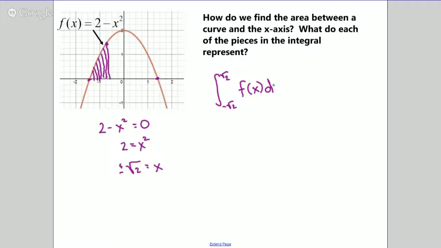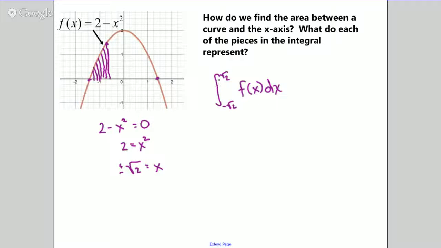It's a teeny tiny, infinitesimally thin dx, right? So this is how I would find the area under the curve, where f of x equals 2 minus x squared, and we can do that either by hand or using a graphing calculator. Today I'm going to be more interested in the setup than the actual computations, so I'm going to leave most of the computations up to you.